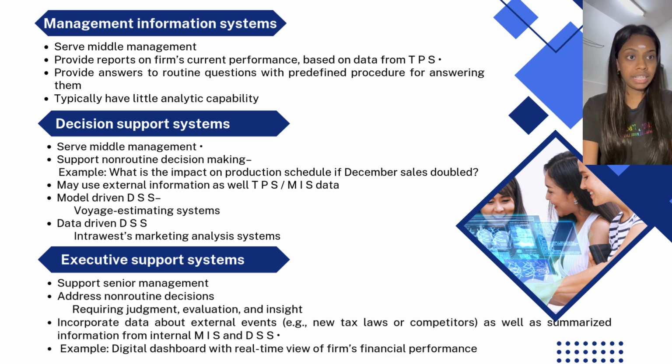However, they typically have limited analytical capabilities, meaning they are not designed for complex what-if scenarios or in-depth data exploration. Instead, they focus on presenting structured information in a readily digestible format, helping middle managers monitor progress, identify trends, and make informed decisions within the framework of established goals and procedures.